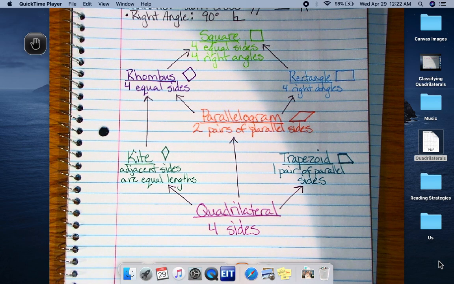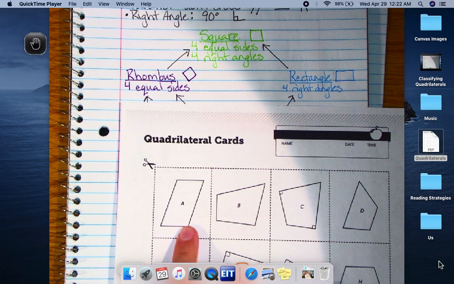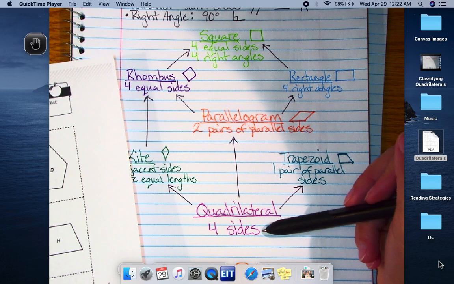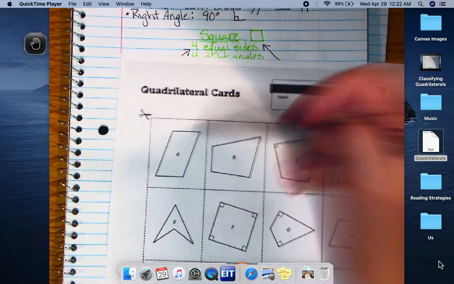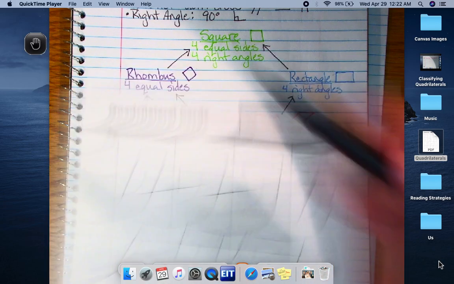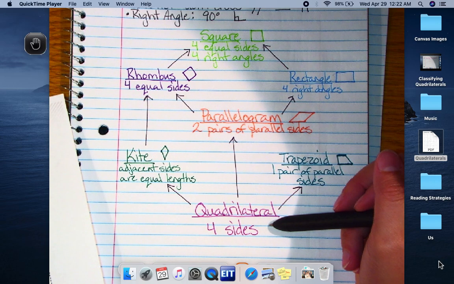So if I want to know the most specific name for shape A, I'm going to look at shape A, and I'm going to start at the bottom. Quadrilateral has 4 sides. Shape A has 1, 2, 3, 4 sides. Okay, so it is a quadrilateral.